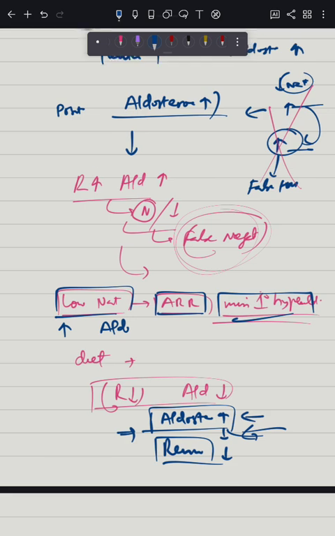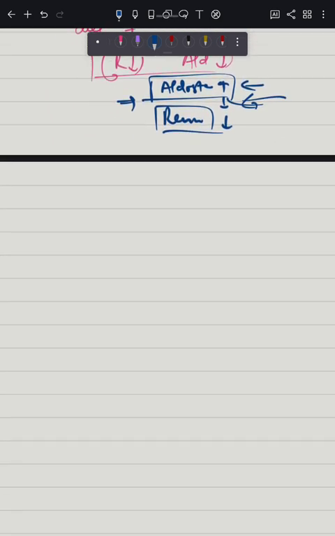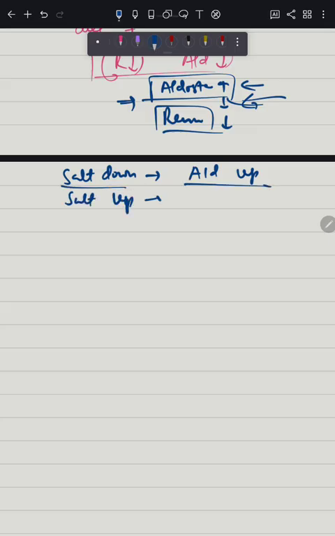So an easy way to remember is, salt down means aldosterone up, that is physiological, and salt up means aldosterone down. Salt down means aldosterone up. Similarly, salt up means aldosterone down, and that's normal.